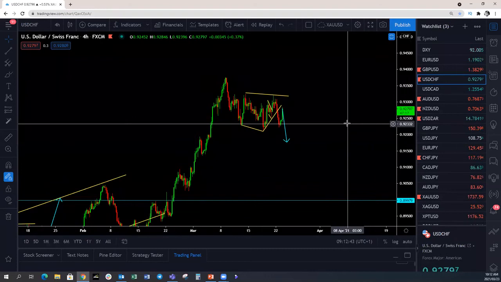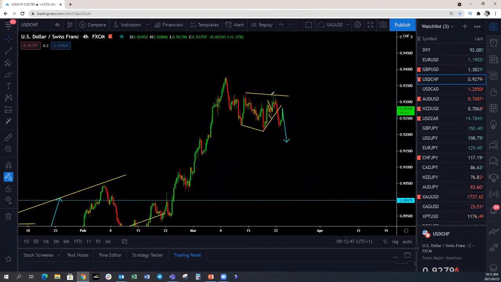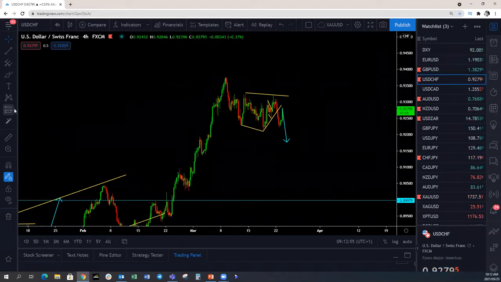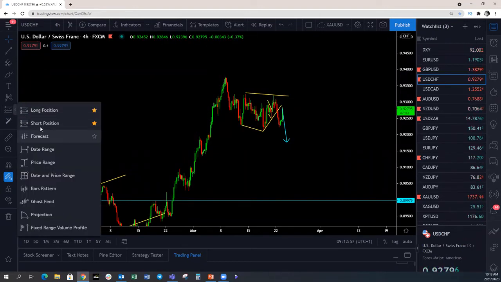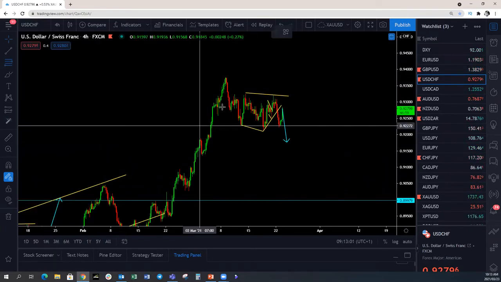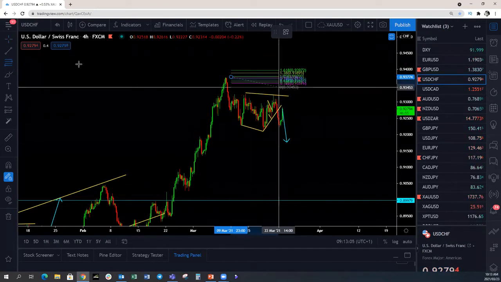So pound Swiss franc, we also on Sunday we were here. We've been expecting these to drop like that. So let's just have a look here. We didn't project a blue box for this one. Let's do that now.